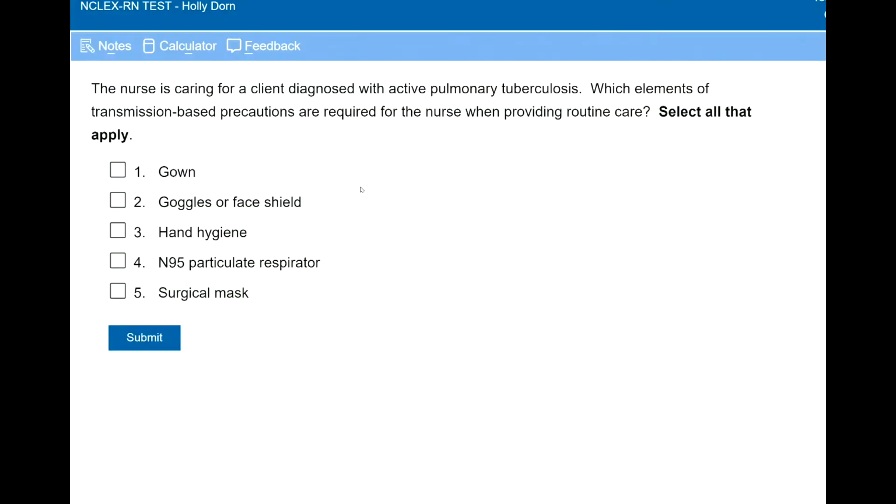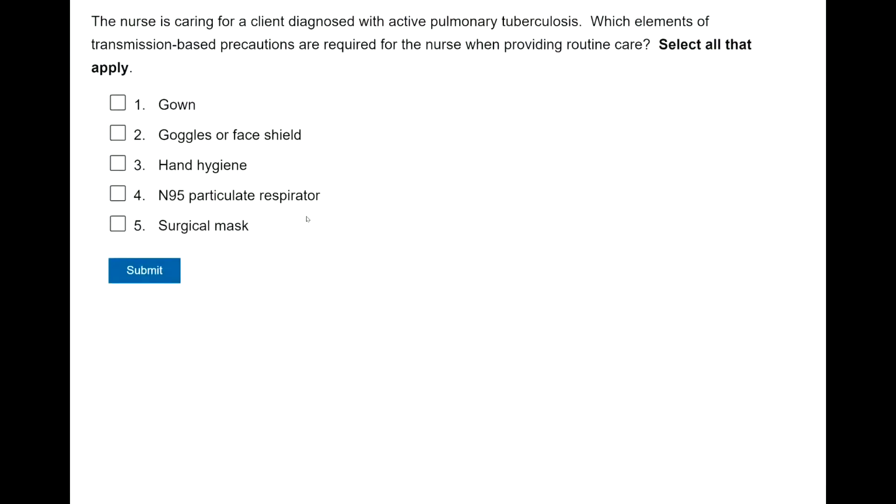So first, the nurse could wear a gown, which would protect from bodily fluids. Second, goggles and face shields protect mucous membranes like the eyes, where there's a risk of splashing fluids onto healthcare workers, blood or other fluids. Number 3 here, hand washing, which prevents the spread of microorganisms from objects and between patients.